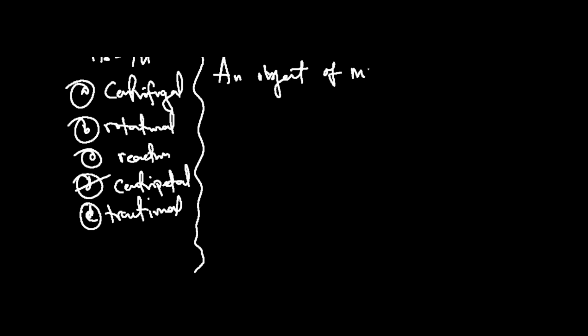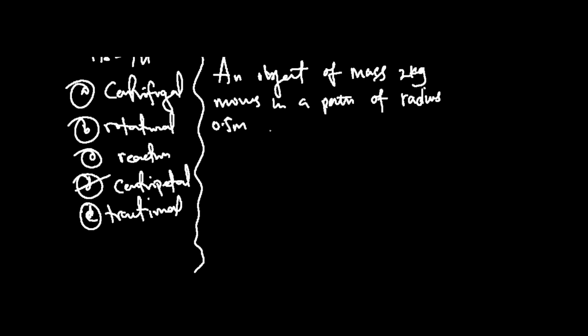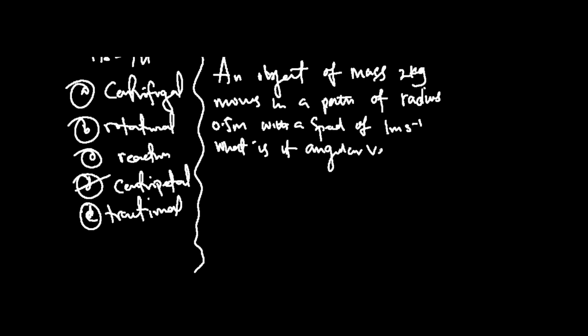An object of mass 2 kilograms moves in a circular path of radius 0.5 meter with a speed of 1 meter per second. What is its angular velocity?